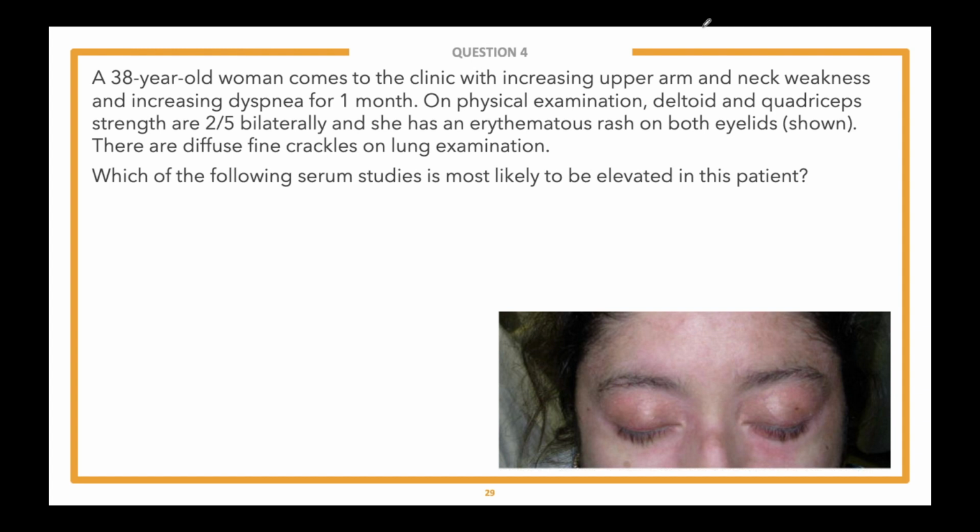On physical examination, deltoid and quadriceps strength are 2 out of 5 bilaterally, and she has an erythematous rash on both eyelids. There are diffuse fine crackles on lung examination. Which of the following serum studies is most likely to be elevated in this patient?